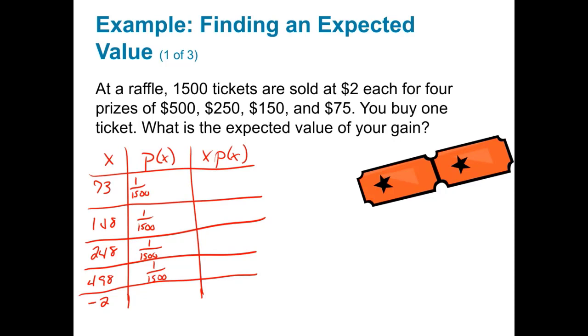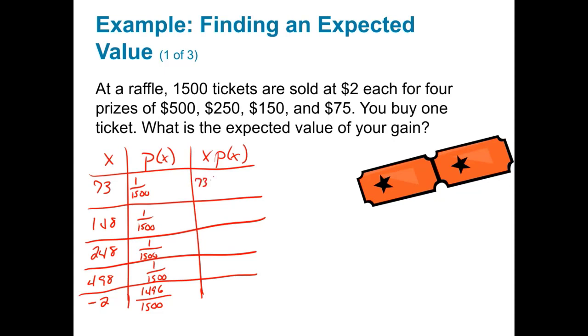What's the probability you're going to lose $2? 1,496 out of 1,500, right? So just looking at that, what do you think is going to happen with your expected value? It's probably going to be a negative something. You're probably going to lose money when you buy a raffle ticket. Let's be realistic. Your chances of winning are not likely.